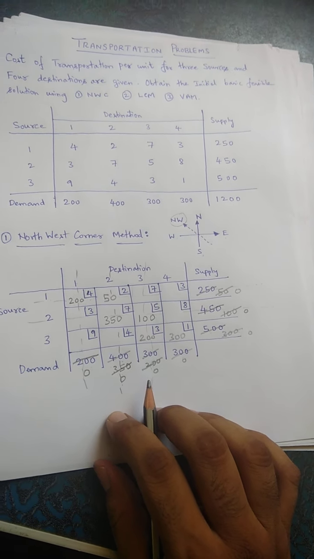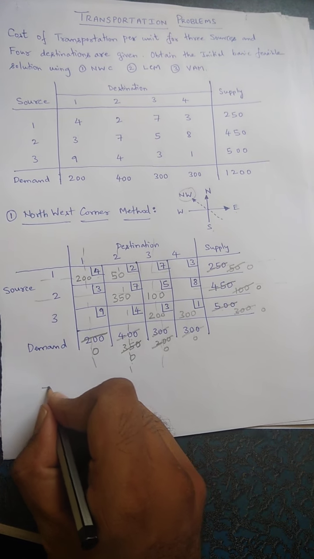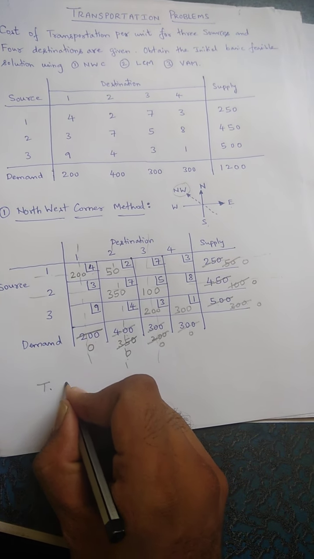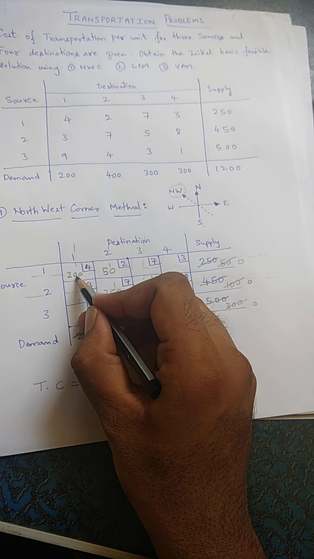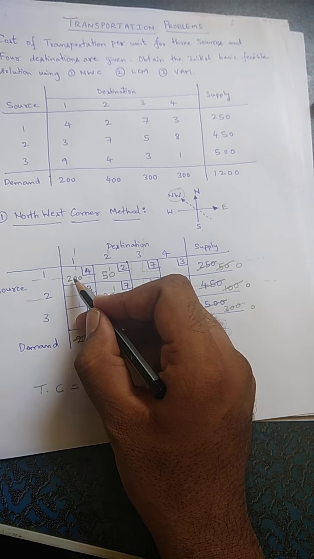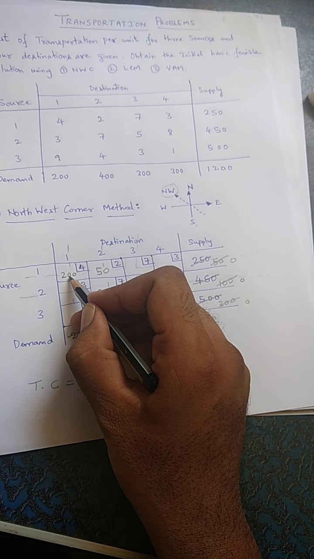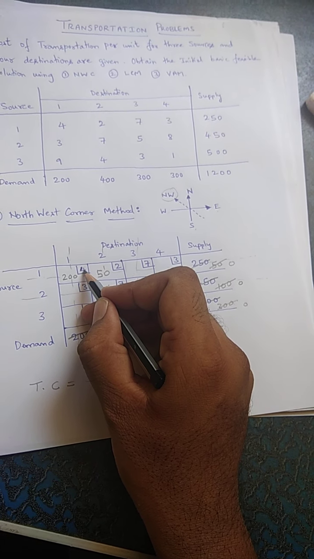Now how to find out the transportation cost? Transportation cost is shortly written as TC. TC is equal to the number of units multiplied by the price to ship per unit. This is the total quantity multiplied by the cost to ship each unit, which is 4 here.